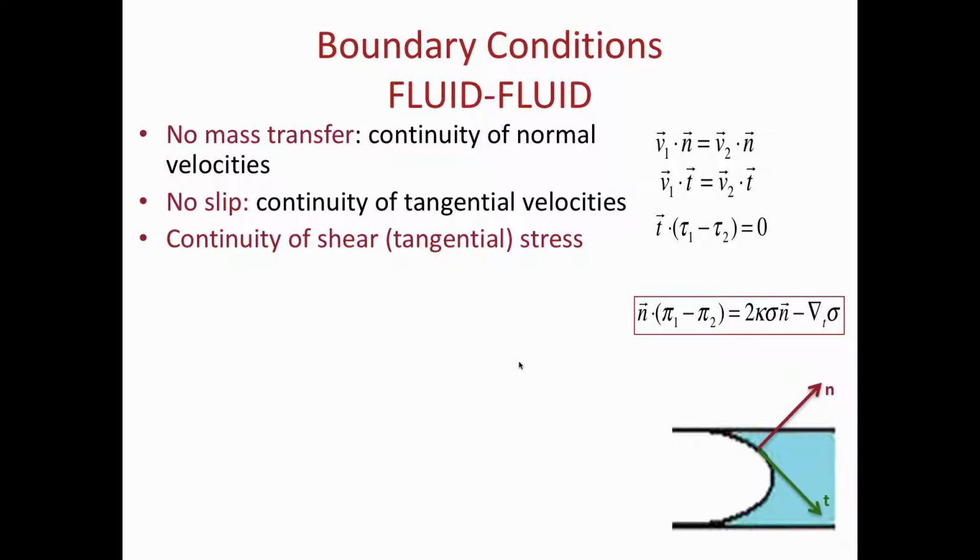Okay? But that's actually a consequence of this continuity of shear stress. Because mu times the derivative of velocity in one fluid is equal to mu times the derivative of velocity in the other, and with one of the mu's being really small and going to 0, that zeroes out both of those shear stresses. Yes? So that's a consequence of this.